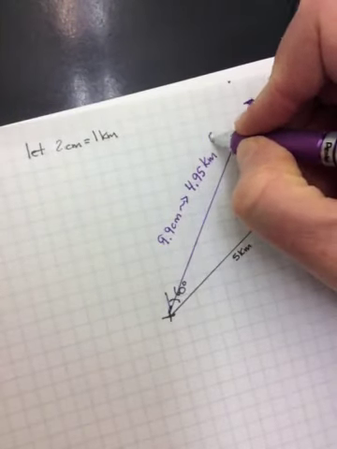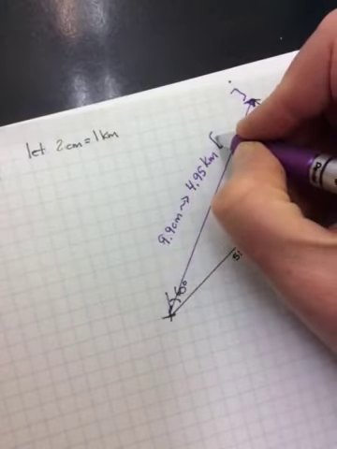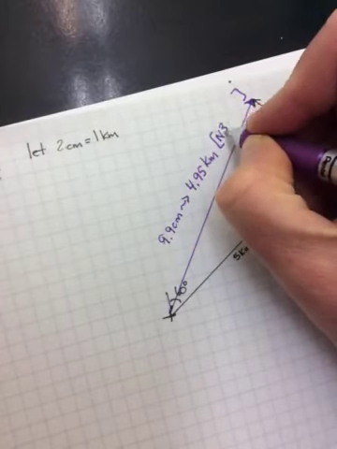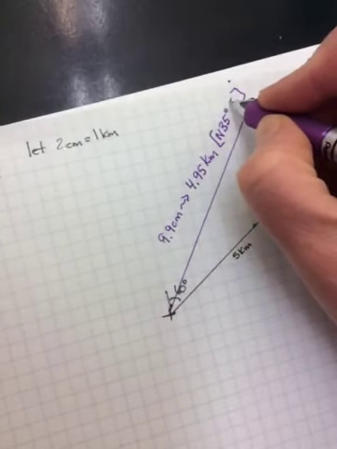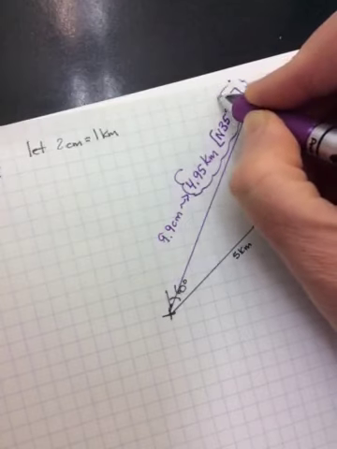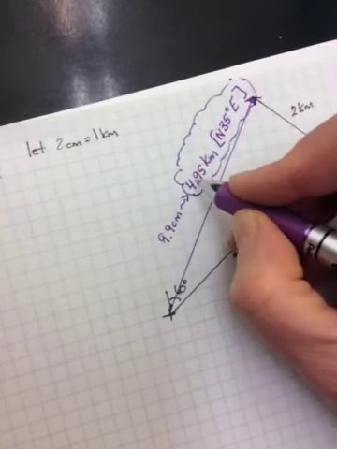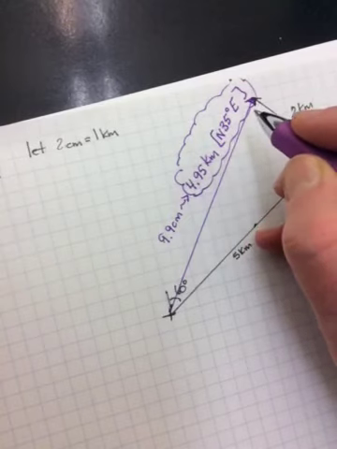So it would be square bracket, what am I measuring off of? North, 35 degrees. And then which way did I turn? East. So the answer to example 1 is 4.95 kilometers north, 35 degrees east.